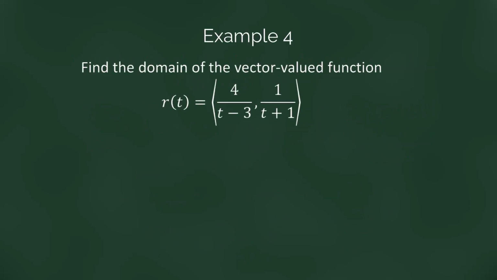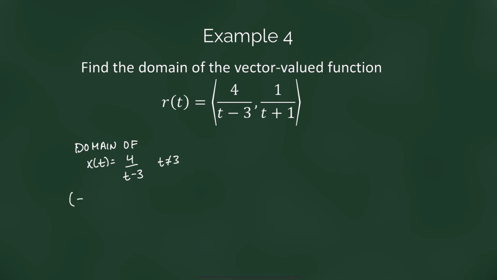So this time we're looking for the domain of a vector valued function. And we know that the domain of a vector valued function is the intersection of the domains of each of its component functions. So if we look at the domain of the function x of t equals 4 over t minus 3, we see that t can't be equal to 3. t is not equal to 3.